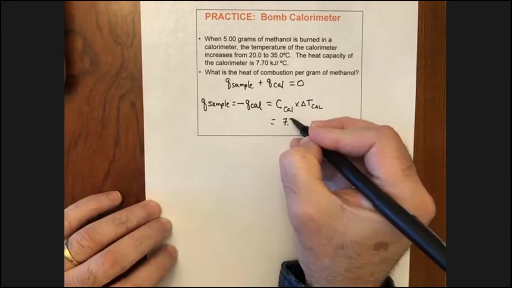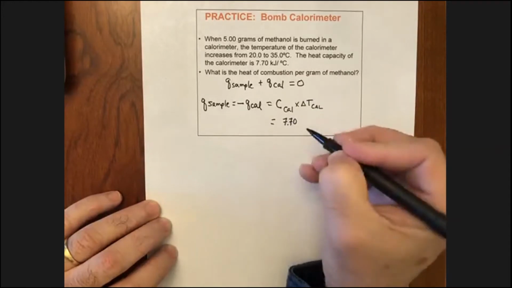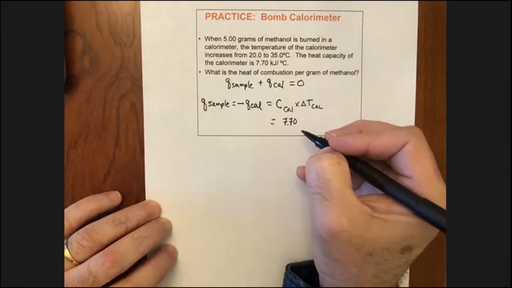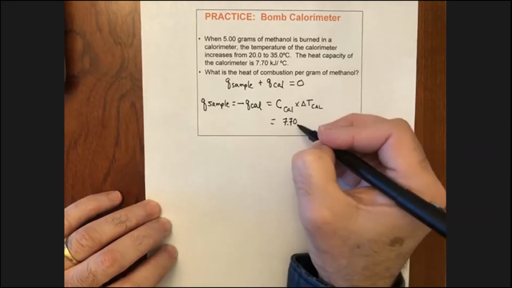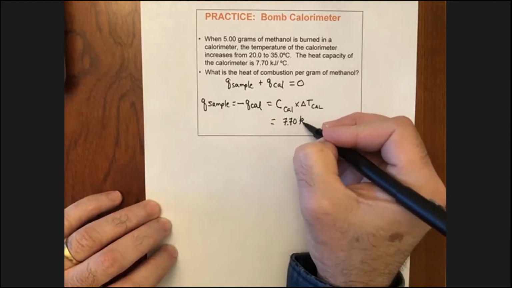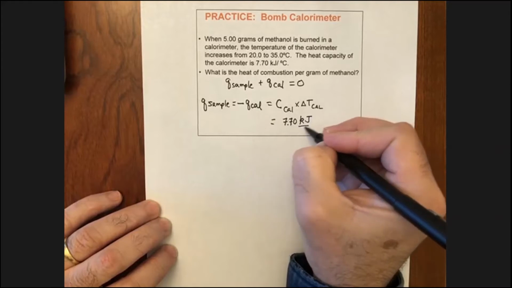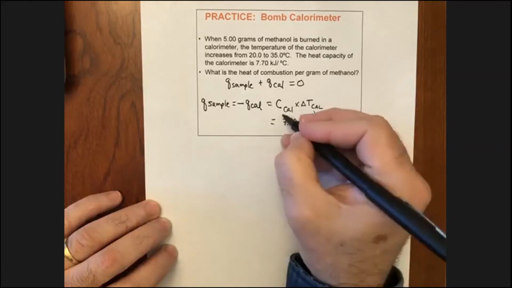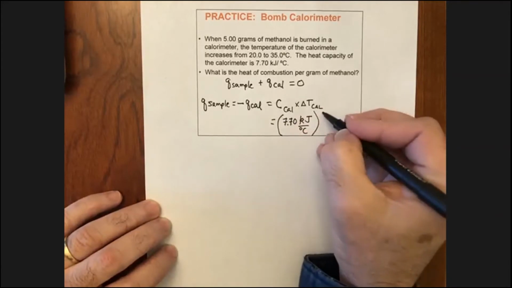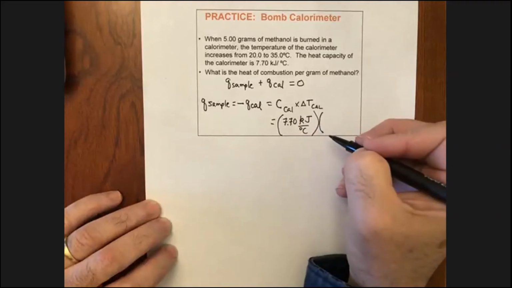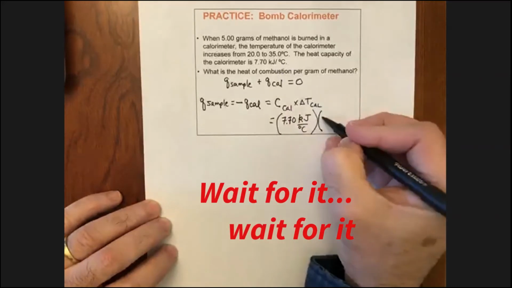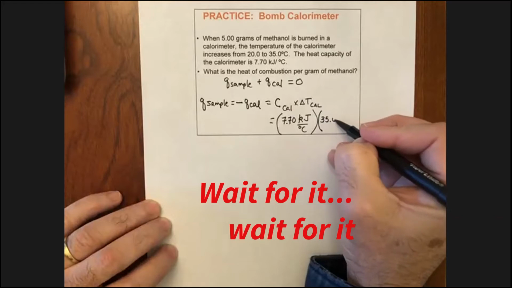Notice that this is not the specific heat. In other words, this is not per gram. This is for this calorimeter. So the units are just simply kilojoules per degree Celsius. The temperature change is final minus initial. Final temperature was 35.0.